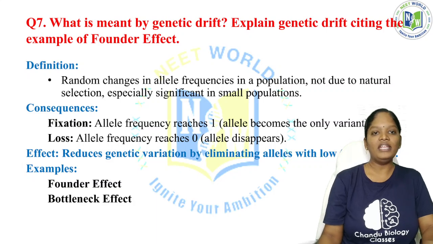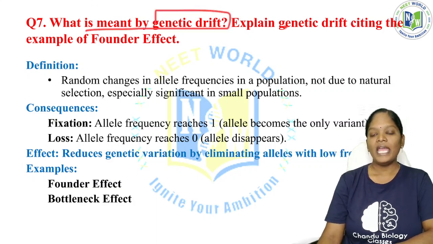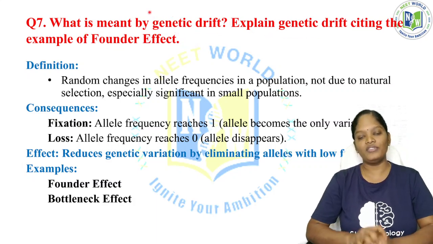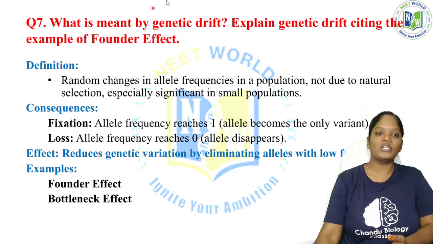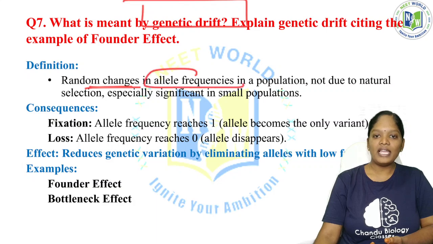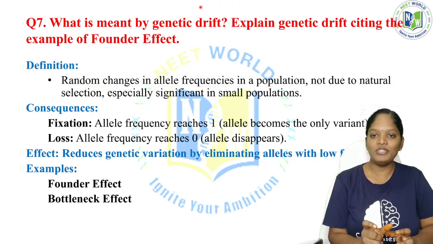So finally, question number 7: what is meant by genetic drift? Explain genetic drift citing the example of founder's effect. First you should know what is meant by genetic drift and what is meant by founder effect. Genetic drift means a random change in the allele frequencies in a population. A population has different individuals belonging to the same species.